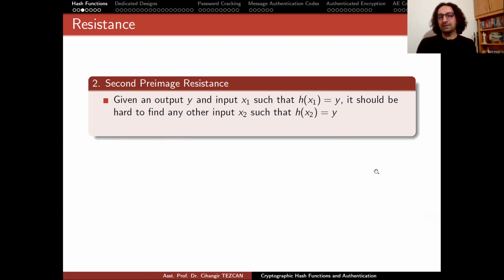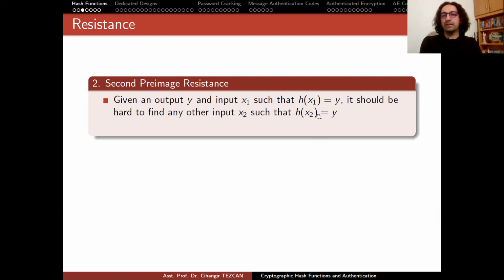So you might think, is it possible? The answer is yes, this is always possible, because remember the definition of the H function. We said that input can have any size, but the output size is fixed. So from a very huge space, you are mapping elements to a very small space. So there will be a lot of collisions. Two different values will always go to the same Y value.